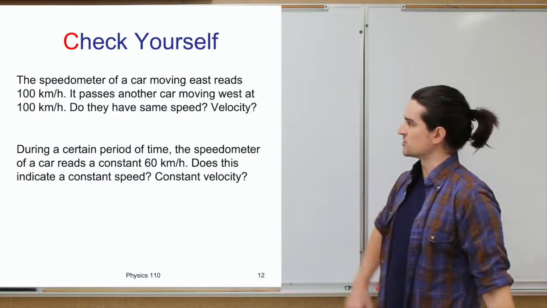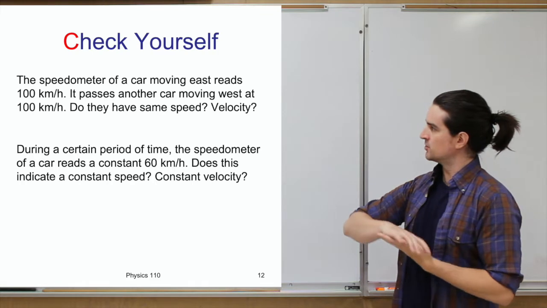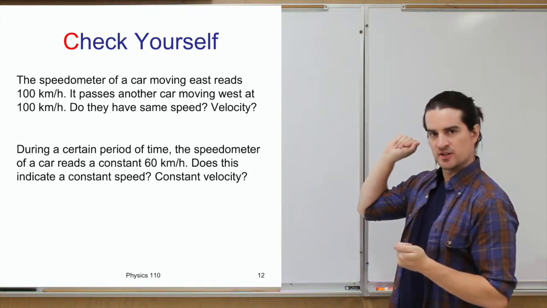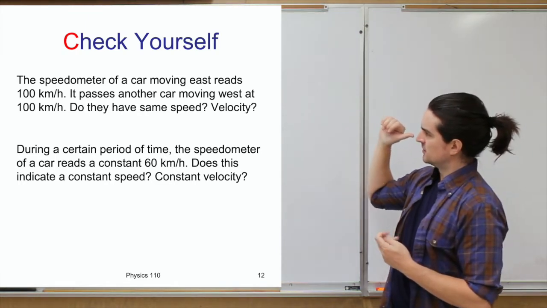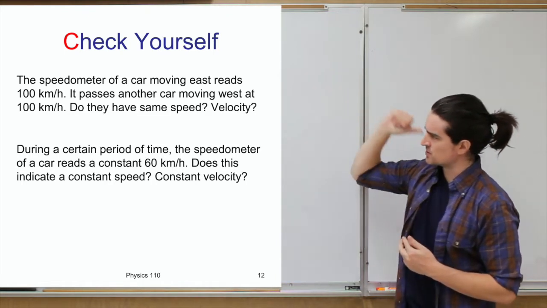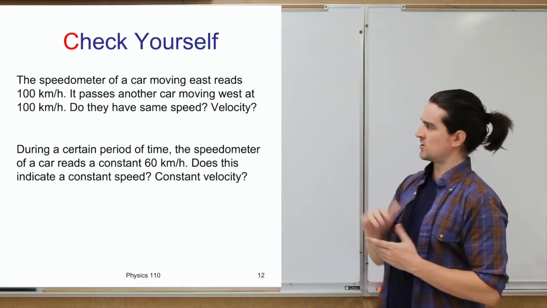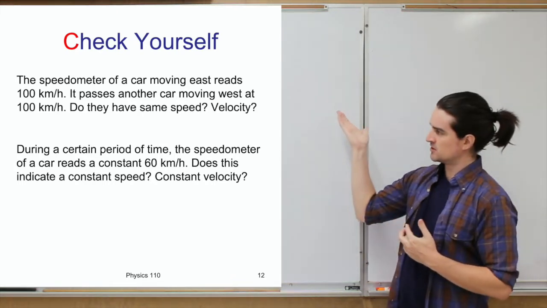All right, so more questions for you. If the speedometer of your car, I guess you're not in America somewhere because it's in kilometers per hour, when you're moving east, reads 100 kilometers per hour, and you pass another car that's moving west at 100 kilometers per hour, do you have the same speed and do you have the same velocity?